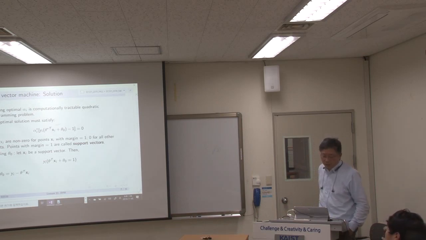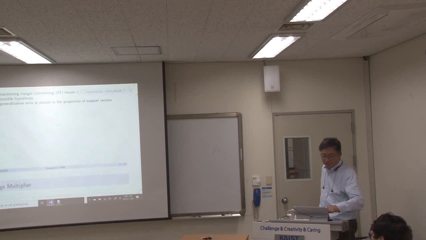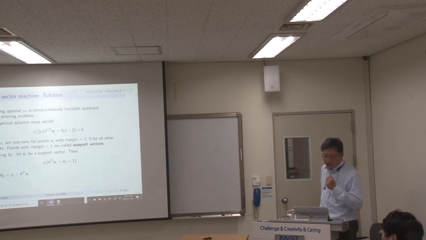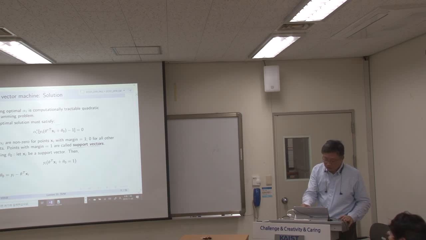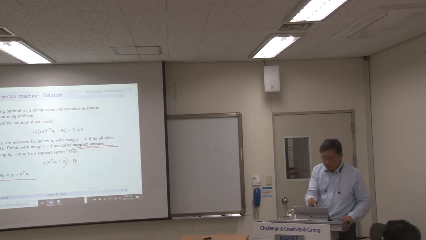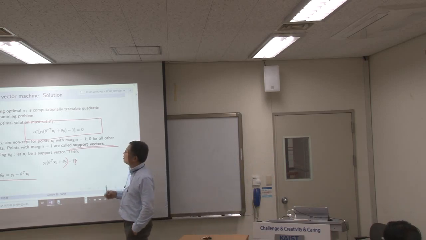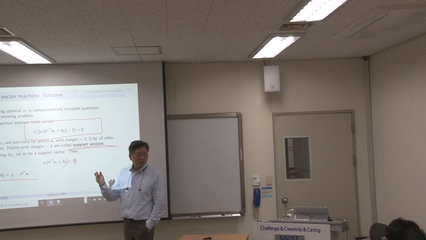Now, there are a couple of conditions that you have to satisfy. And I mentioned what support vectors are. Okay, support vectors are, oops, that equals 1. Right? Theta naught is equal to that. And so the constraint has to be satisfied, right?